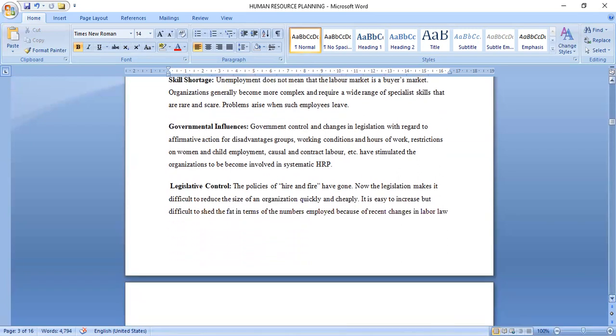Then government influences. Government policies have a lot to do with determining the human resource planning for organizations. For example, the labor laws.